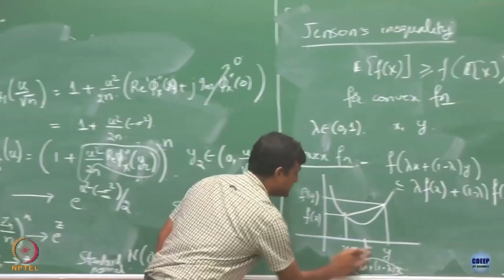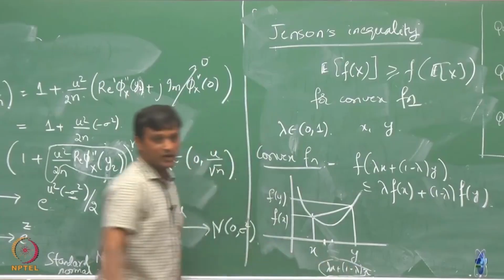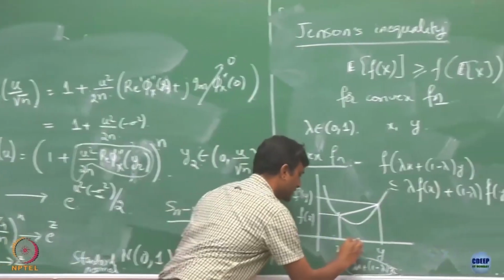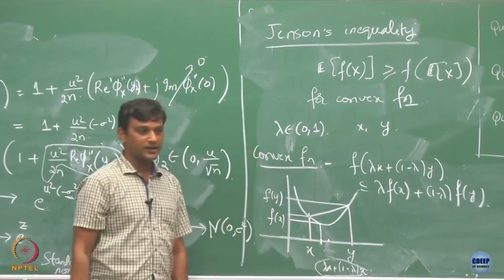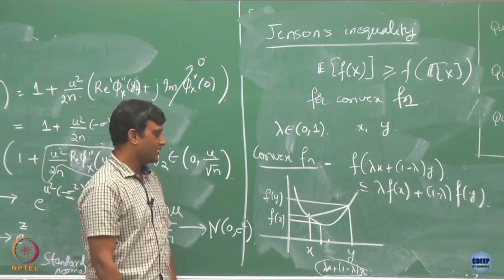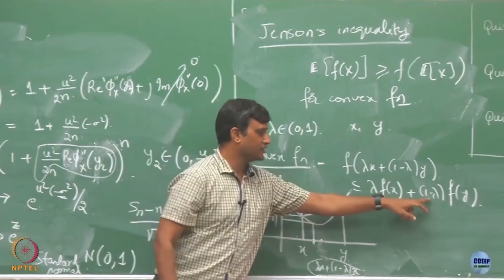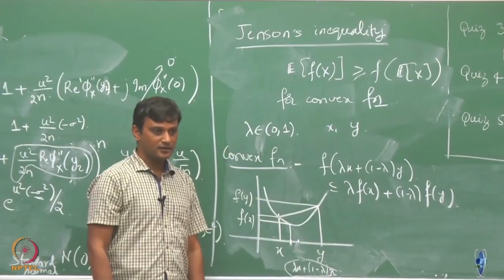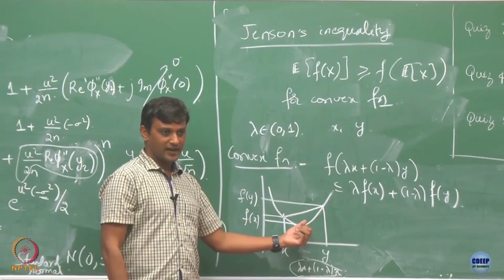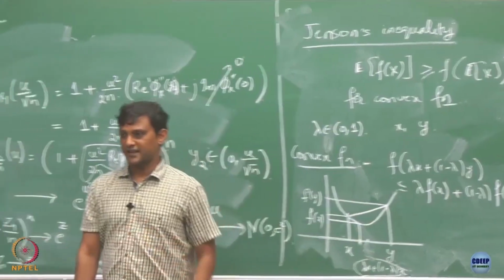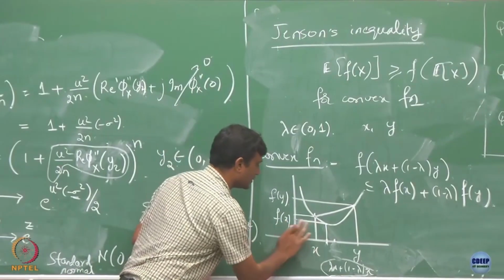Yeah, so maybe just to be more careful, let us say this is my lambda x plus 1 minus lambda y. So what is my function value at this point? This value. And what is lambda f of x plus 1 minus lambda f of y? It is going to be on that line. And what are we saying?